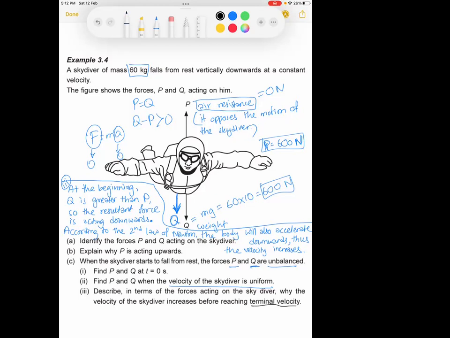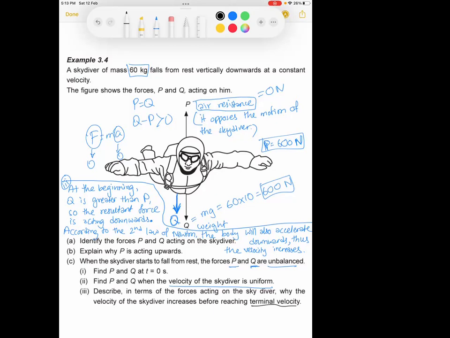Some of the points that you have to remember are that when something is falling, if the air resistance is not negligible, you have to remember that air resistance is not equal to the weight as soon as you jump. At first air resistance is 0, then it gradually increases, and at a certain point it reaches the value of the weight, so it counterbalances it.